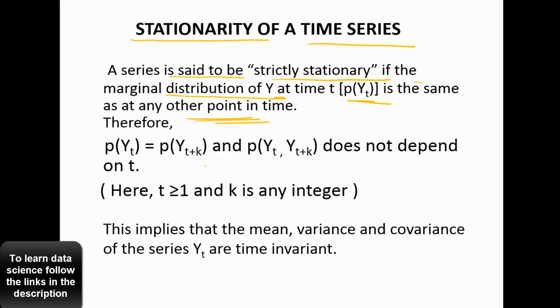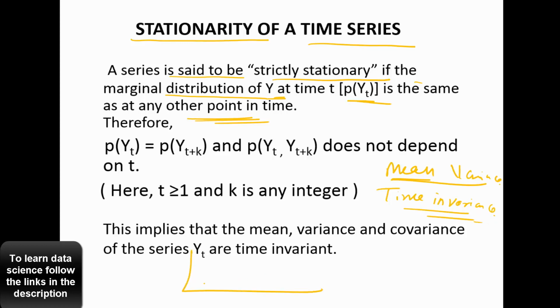Stationarity means that the series has constant mean and variance. The basic statistics like mean and variance are time invariant. That means they do not change over time.